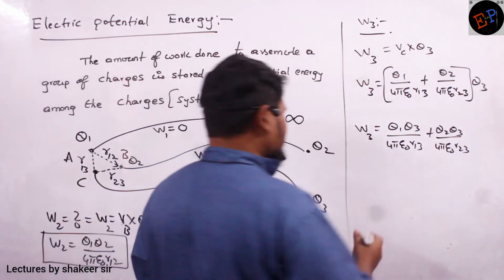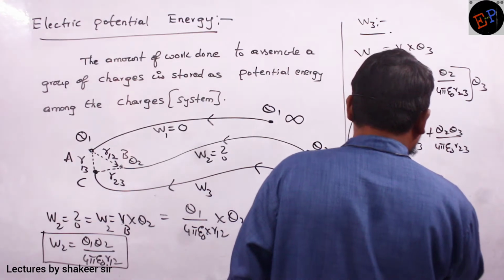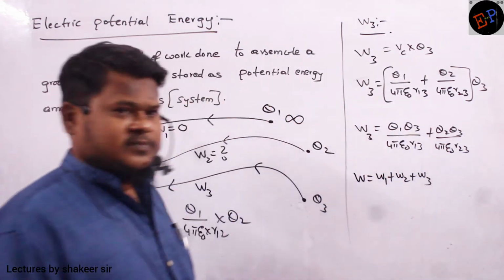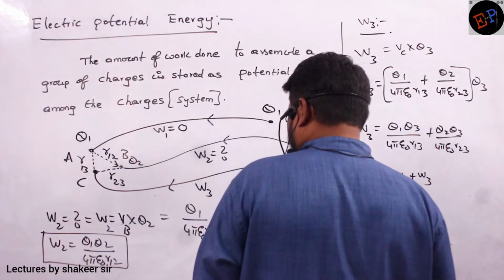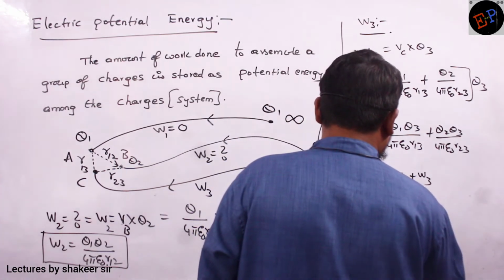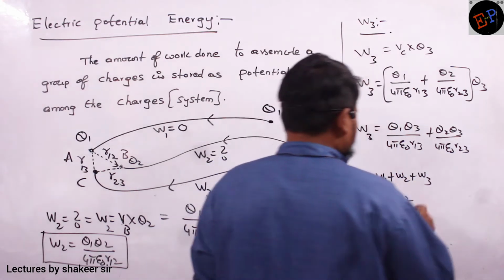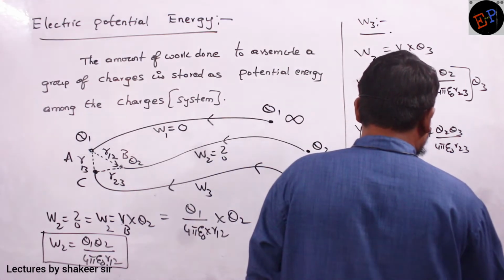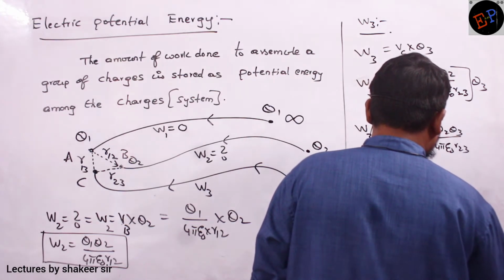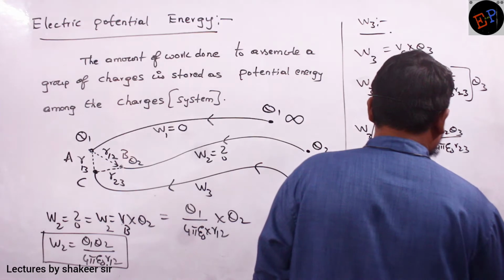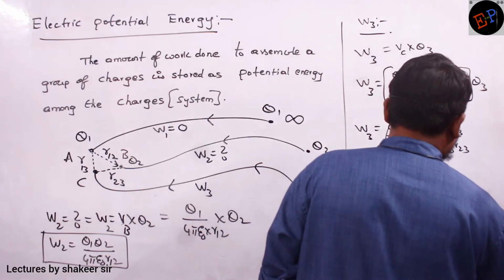Therefore, what is the total amount of work done? Total work done is W1 plus W2 plus W3. Just add all of them. W1 is 0. W2 is Q1 Q2 divided by 4 pi epsilon naught into R12. And W3 is Q1 Q3 divided by 4 pi epsilon naught into R13 plus Q2 Q3 divided by 4 pi epsilon naught into R23.